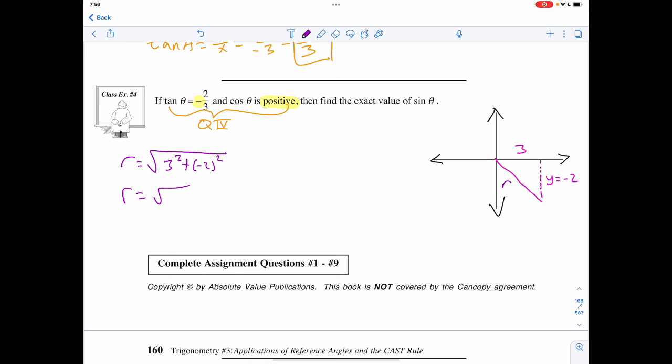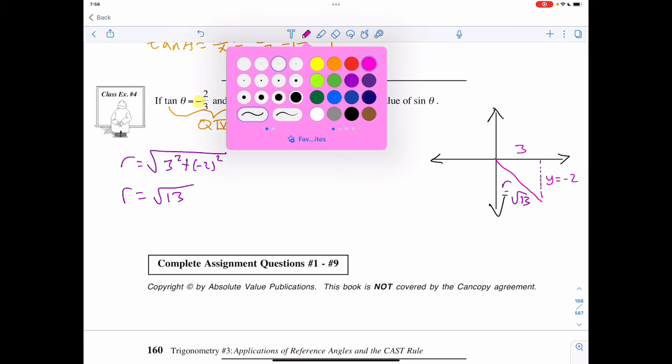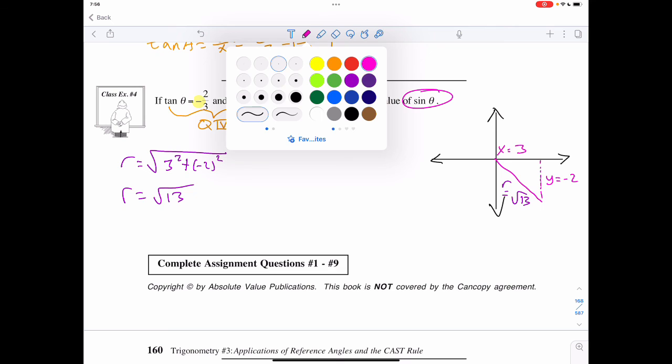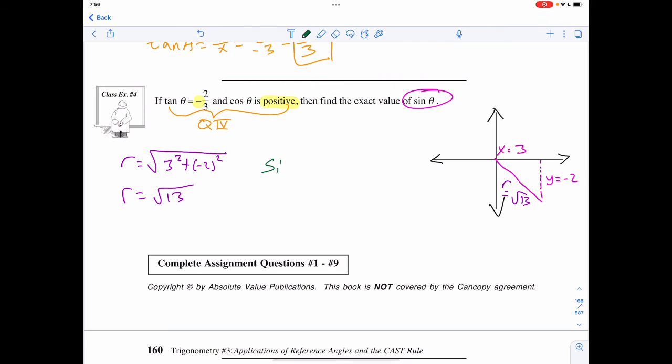R is going to equal the square root of 13, which I can't reduce at all. If it wants to know what my sine ratio is, then sine is equal to y over r, or -2 over the square root of 13.